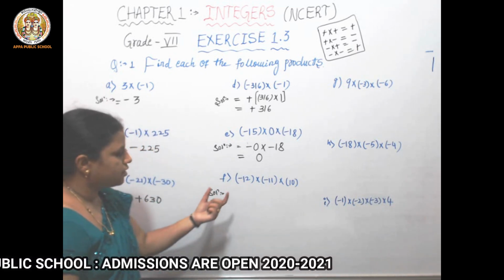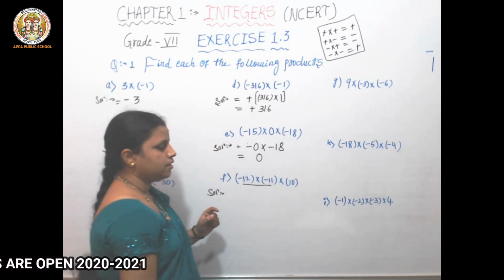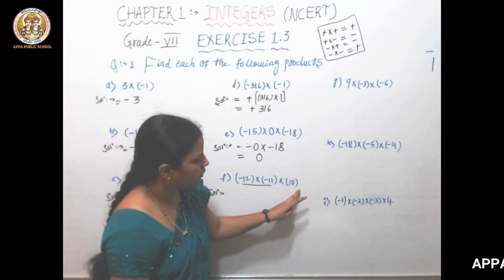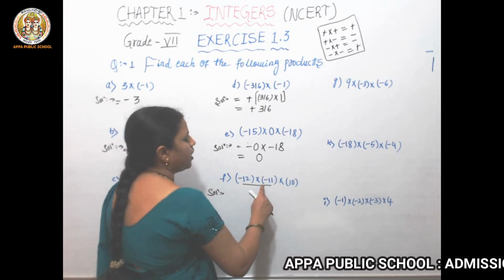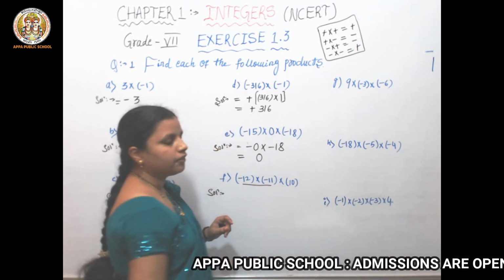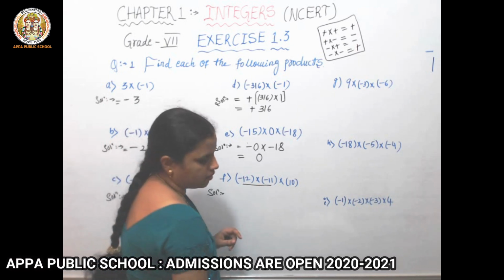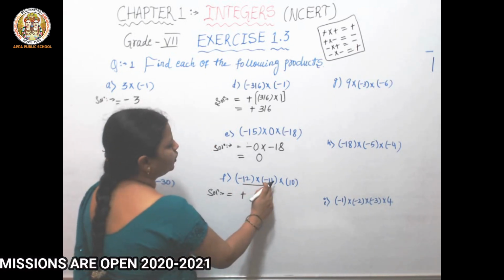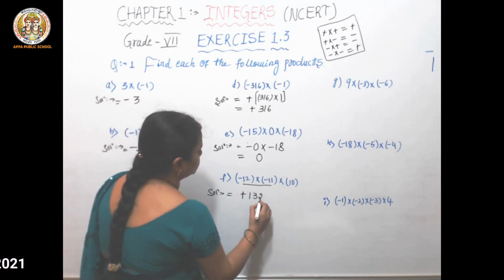And the next one. See, first I will multiply these two numbers and whatever the product I am getting that is multiplied with the 10. Now 12 into minus 11, minus into minus here is plus. 12 into 11 is 132.